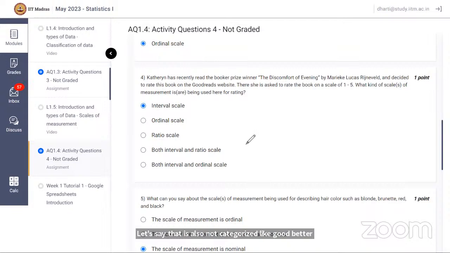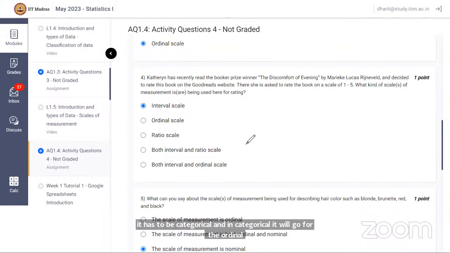That's why it's interval. If someone puts labels like good or satisfactory along with the numbers, then it will not remain interval. Then it has to be categorical, and in categorical it will be ordinal.